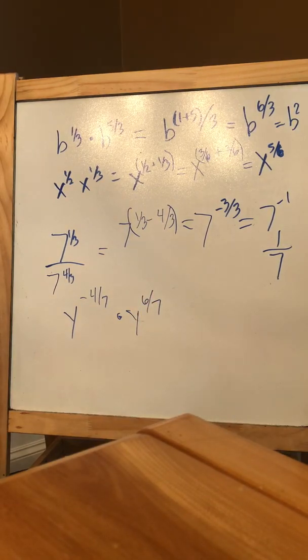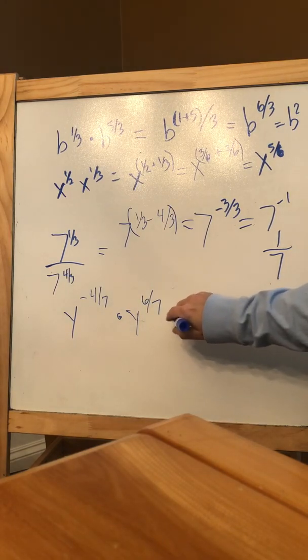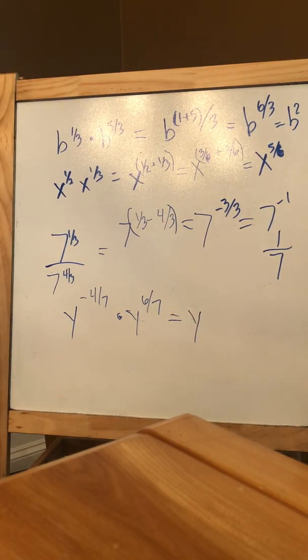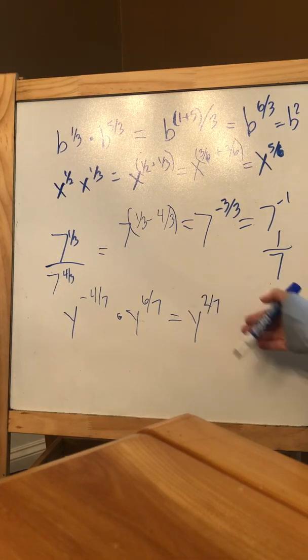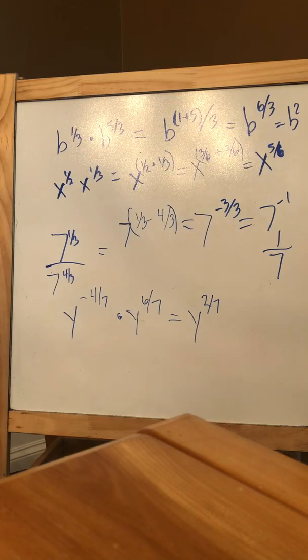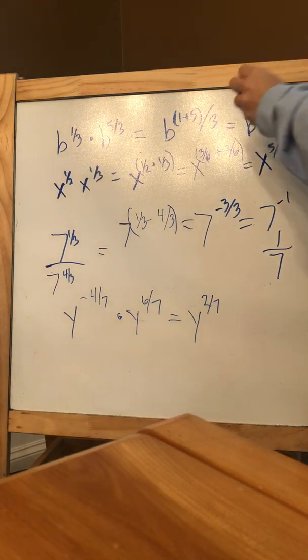Okay, so we have the same denominators, so let's just combine them here. So we're left with -4 plus 6, which is positive 2/7. And that's really as far as you can go with that one. We don't have any other information. I don't have any more room, so let me erase this.